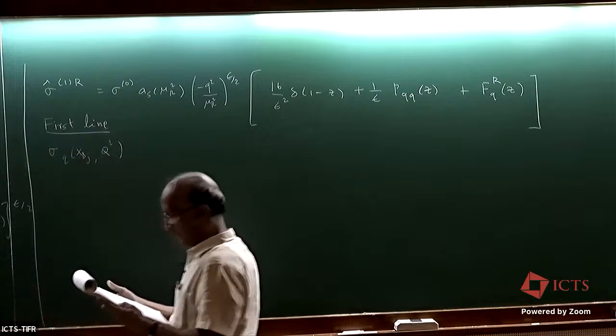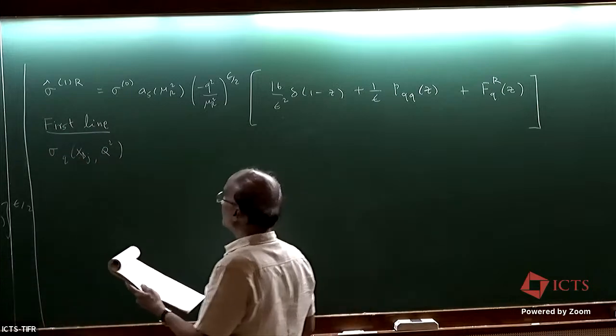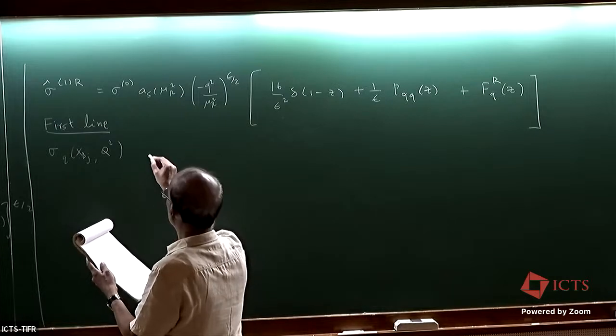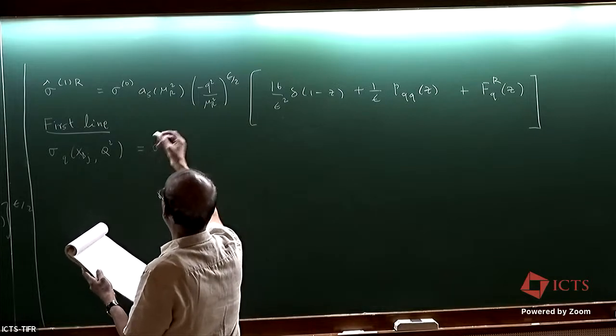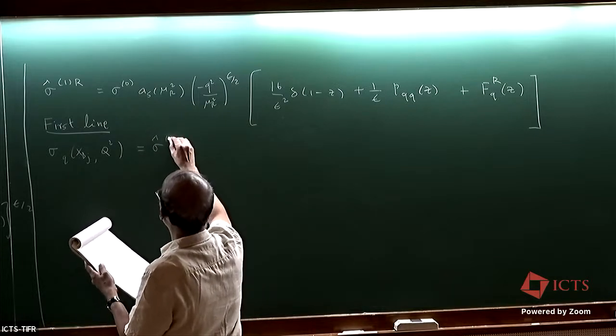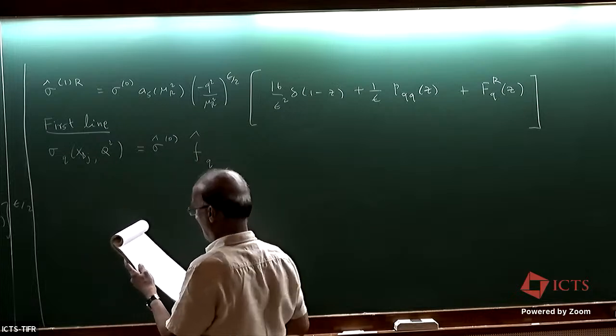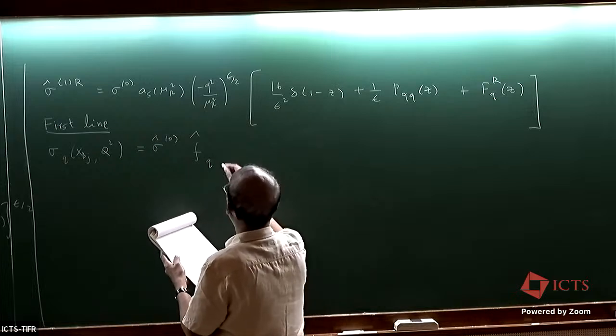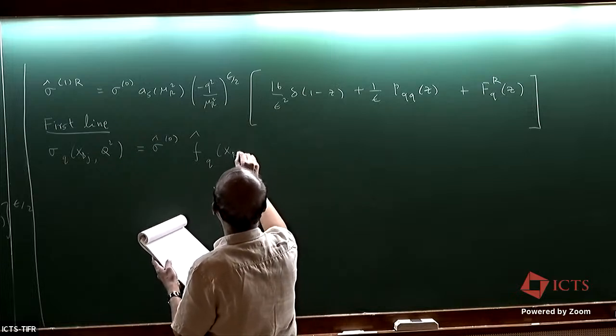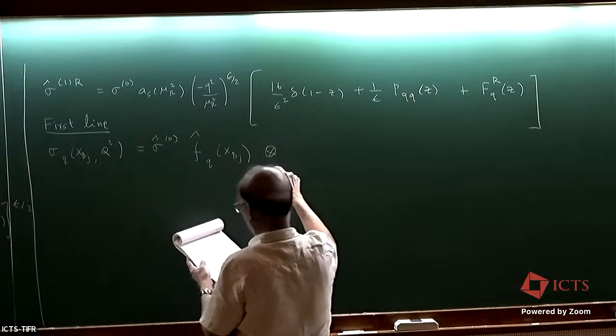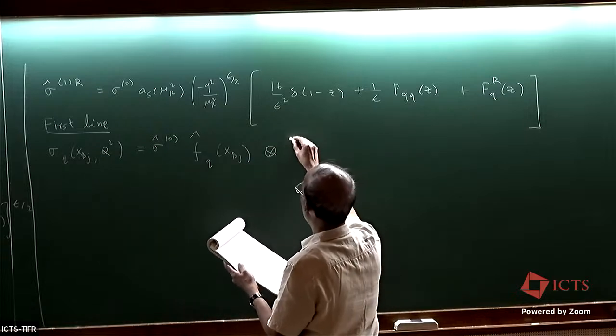I'll come back to the second line later. So the first line would be sigma_q is sigma hat convolved with f_q of x_Bj, and later on I will add the other part also. I'll tell you what this symbol means.